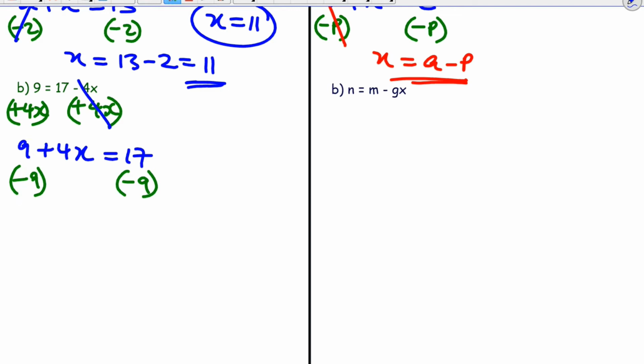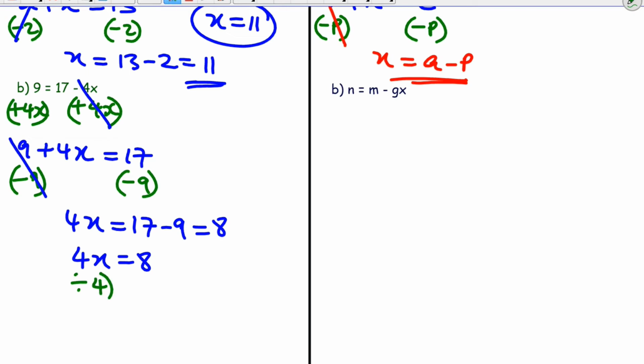So this will be gone. So what we'll be left with is 4x is equal to 17 minus 9, which is equal to 8. So 4x is equal to 8. And you can go ahead and divide by 4 on each side. So x will be equal to 2.